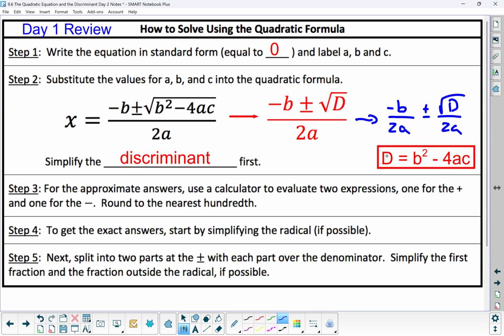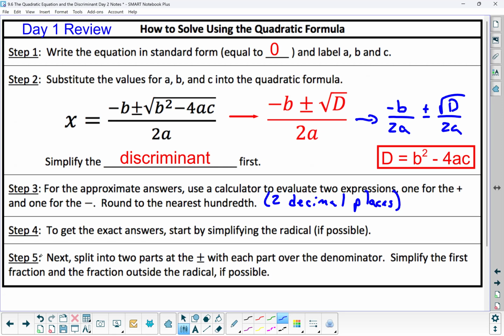For the approximate answer, use a calculator to evaluate the two expressions, one for the plus and one for the minus. Round to the nearest hundredth, that would be 2 decimal places. To get the exact answer, start by simplifying the radical if it's possible.